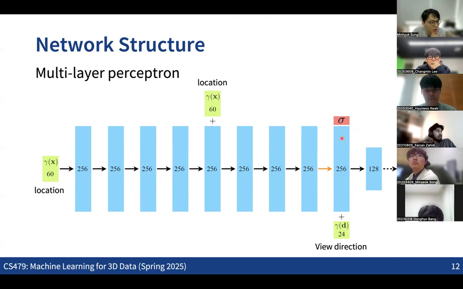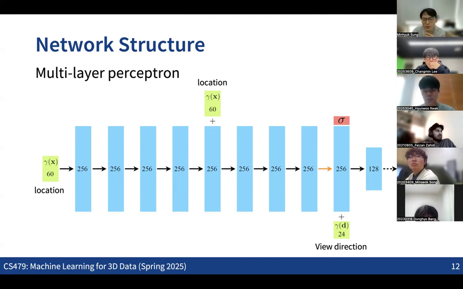And with a few more additional layers, we have the radiance information here. So it doesn't need to be specifically this architecture. This was the architecture proposed by the people who invented the neural radiance field.